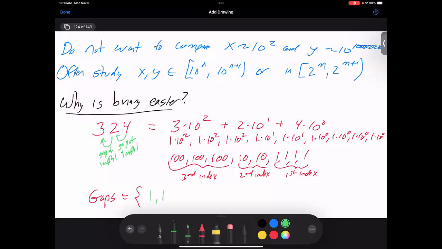Do we have any gaps of length 0? When we have multiple copies of, say, one index, so those are our 2 gaps of length 1. Do we have any gaps of length 0?